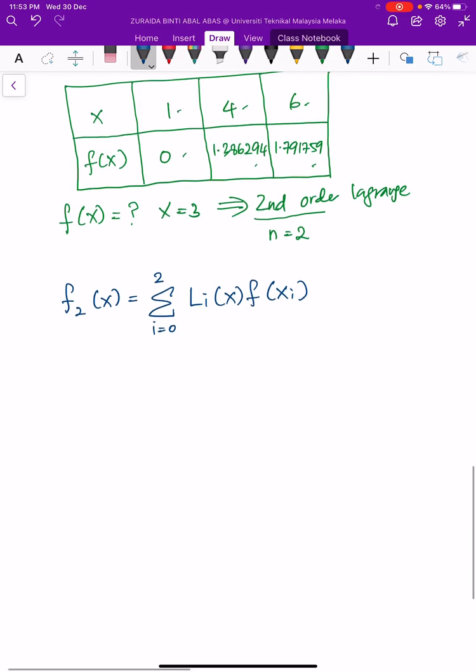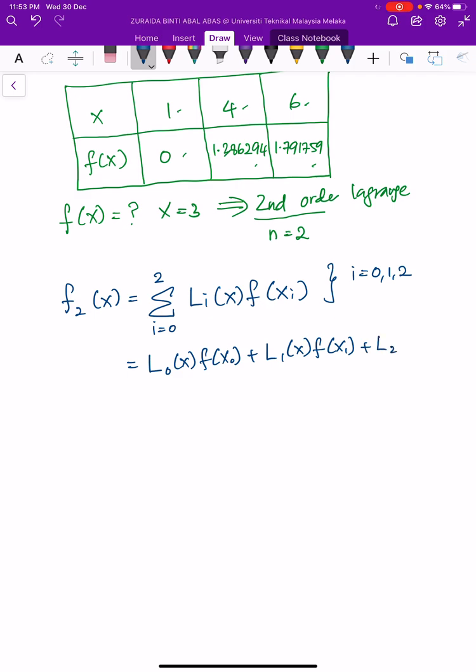Then we need to expand this because our i is equal to 0, 1, 2, so we're going to have 3 terms in here. It's going to be L0(x) f(x0) plus L1(x) f(x1) plus L2(x) f(x2).